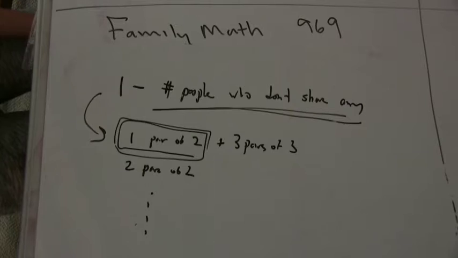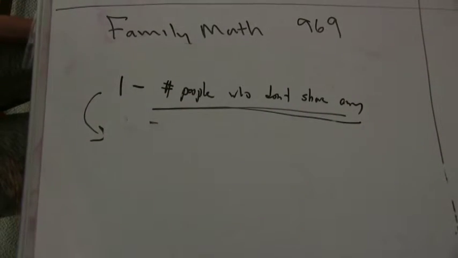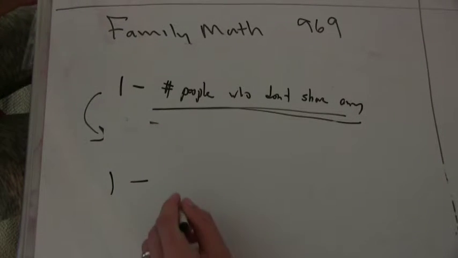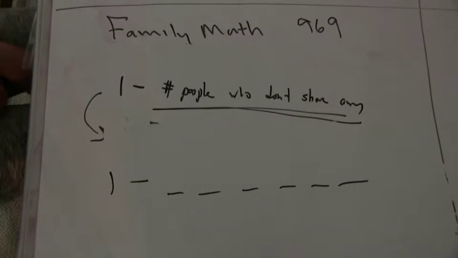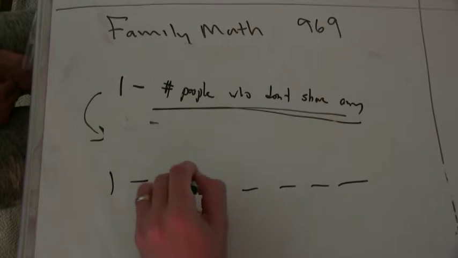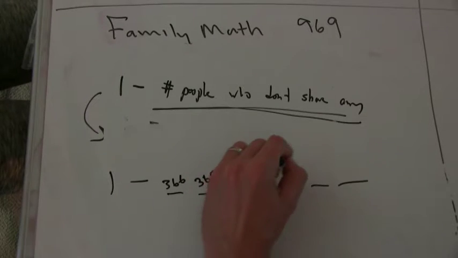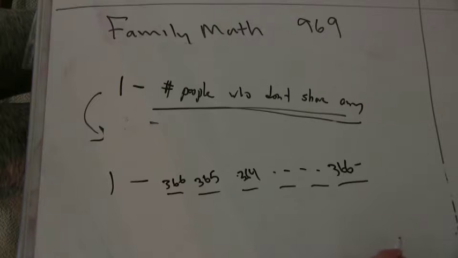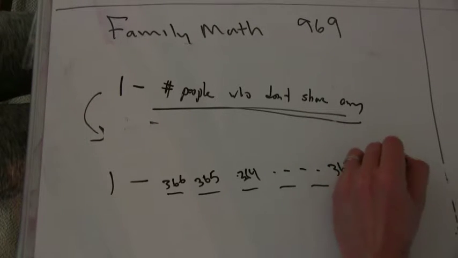So what we want to do is 1 minus our n people all having what? Different birthdays. And so how many choices do we have for the first one? 366, 365, 364. All the way down to what? So it's 366 minus n minus 1.